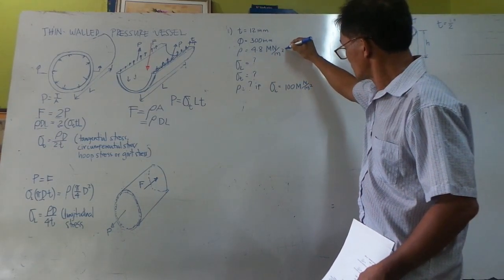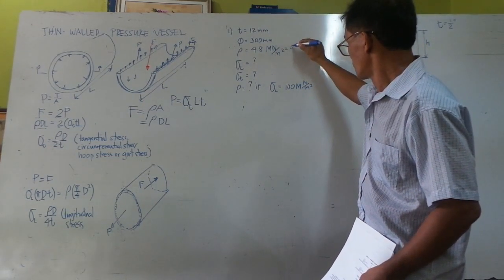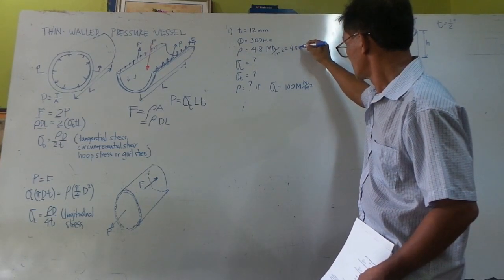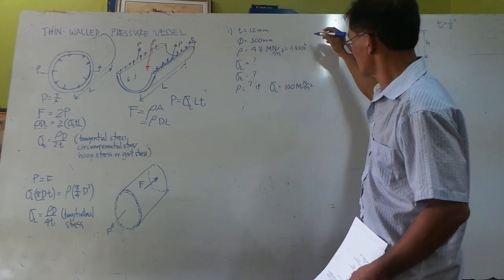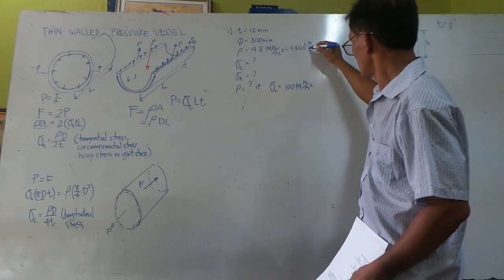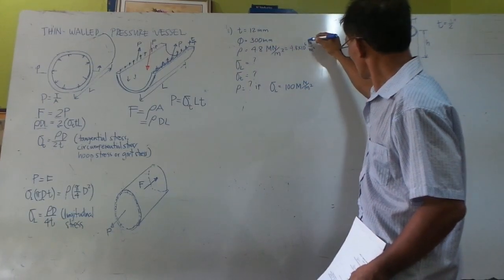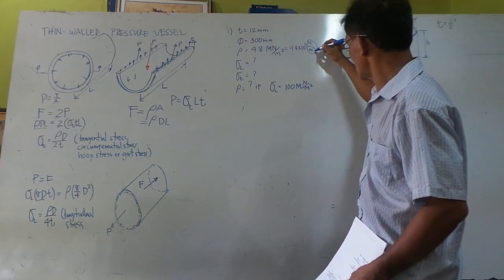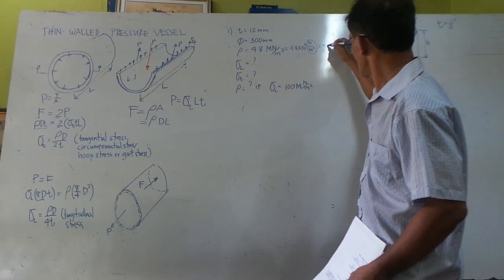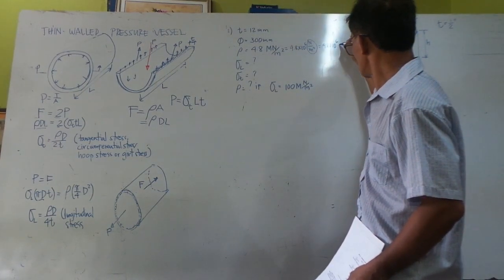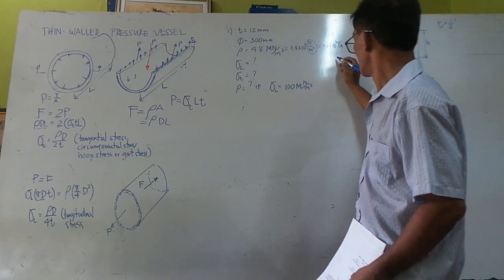This can also be called 4.8 times 10 to the 6 Newton per meter squared, which is Pascal. So you can also say this is 4.8 times 10 to the 6 Pascal.